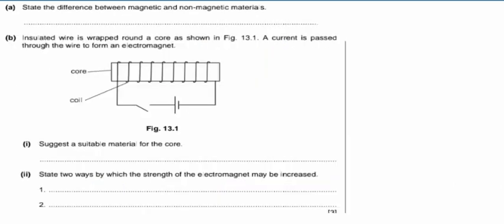Question 2 is saying, state the difference between magnetic and non-magnetic materials. Magnetic materials are attracted to a magnet, and non-magnetic materials are not attracted to a magnet.